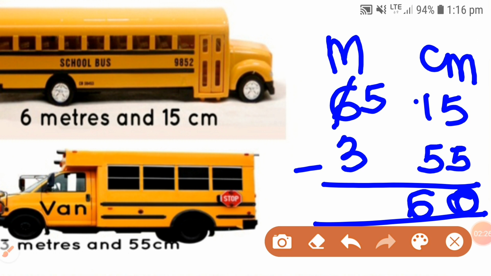So this is no longer 6, it's 5. From this 5, take away 3. 3 away from 5, you have 2. So your answer is 2 meters and 60 centimeters. Is it clear?